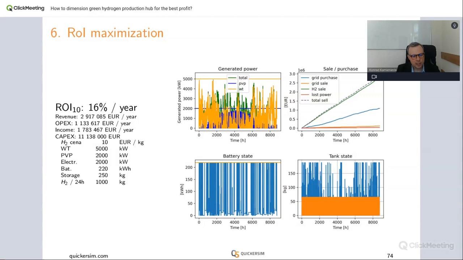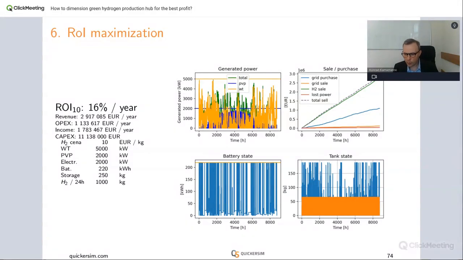So as you can see, there are a lot of parameters that we can play with, and probably the results will depend very much on if we simulate 1 year or if we simulate 10 years.